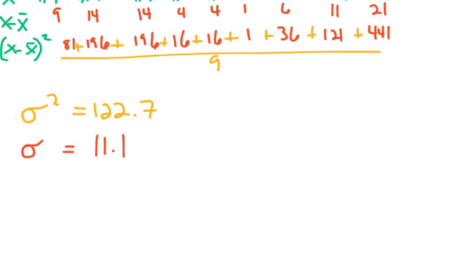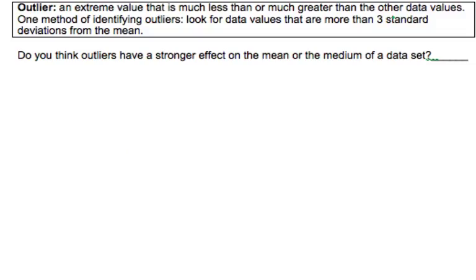Let's see how that's useful. It's useful in our next problem, finding outliers. So what is an outlier? It's an extreme value that's much less than or much greater than the other data values. You have a bunch of data, and then you have this number that's just way off, much bigger or much smaller. It throws off your average a lot.